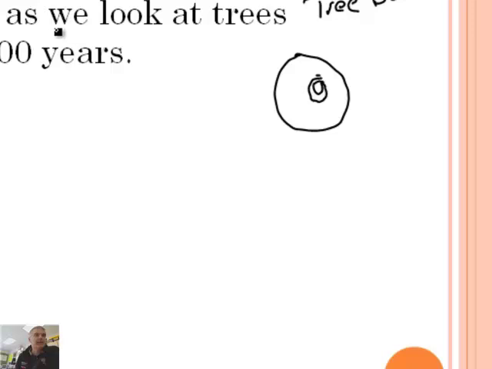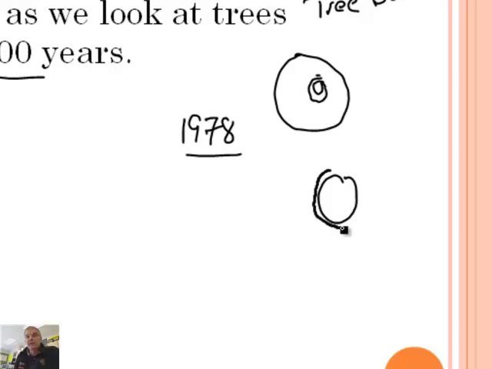And then we check. Let's say we know that in 1978 it was a very, very dry year in a particular part of the world. Then the tree rings all around that area are going to be very narrow, because the tree's not going to grow very much in 1978.